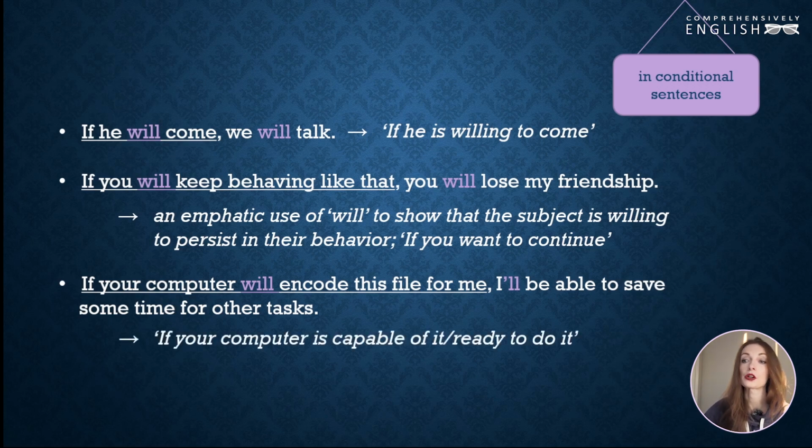If your computer is capable of it or ready to do it. That's what we want to say. If your computer will encode this file for me, in other words, if your computer is capable of encoding this file for me. Okay, this is where we can use will in conditional clauses.